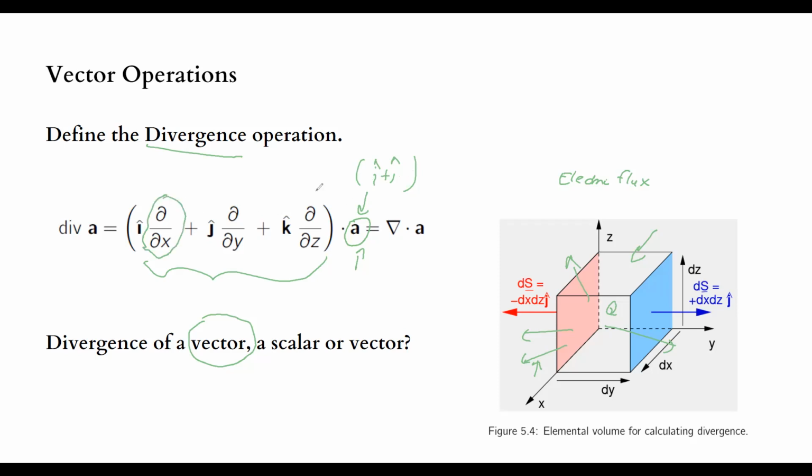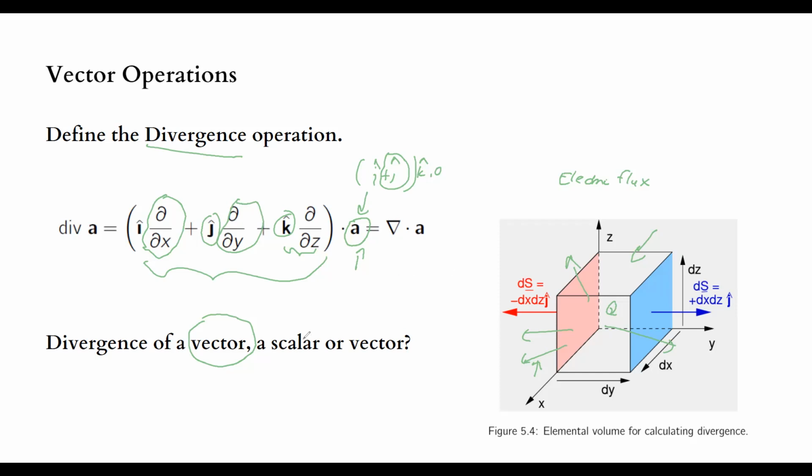The dot product of j hat and j hat leaves this term. There's no k hat component here, so that term is 0. Whatever remaining components there are will be scalar.